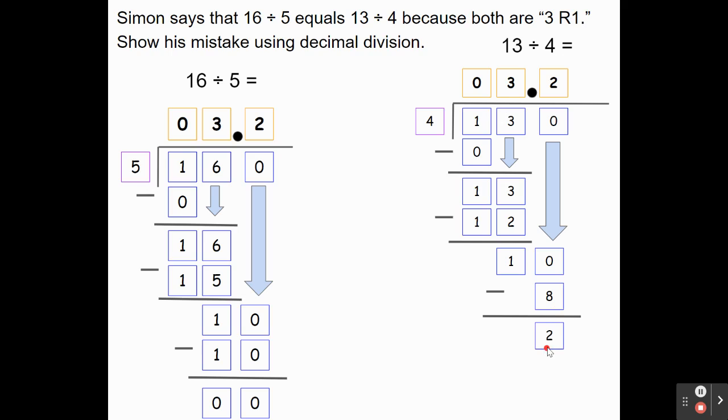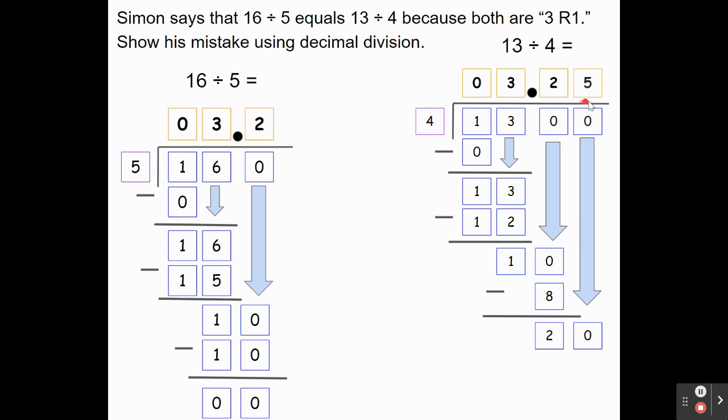So let's keep dividing. Notice there are no other digits to bring down, so we can write this as having 0 hundredths since there are no hundredths there. So let's bring down that 0 in the hundredths place to rewrite 2 tenths as 20 hundredths. So now we're going to ask ourselves, what can we multiply by 4 to get closest to 20 without going over?